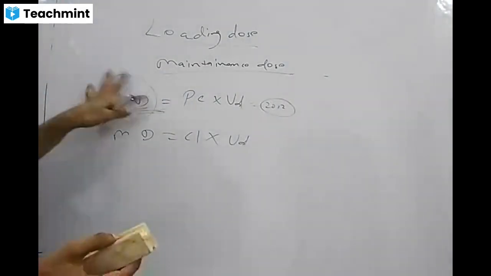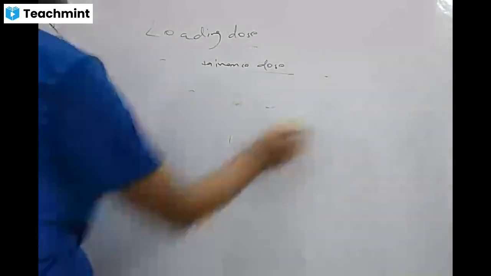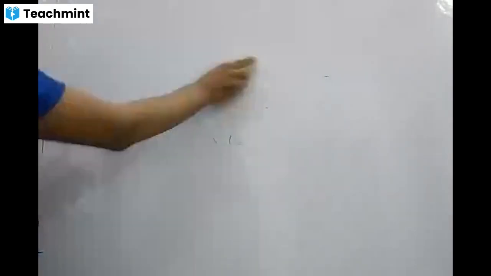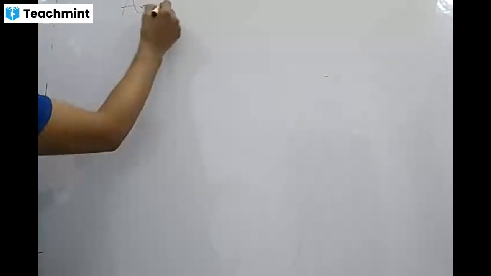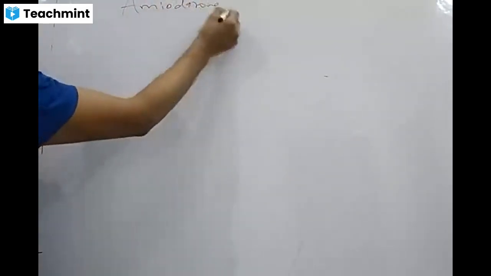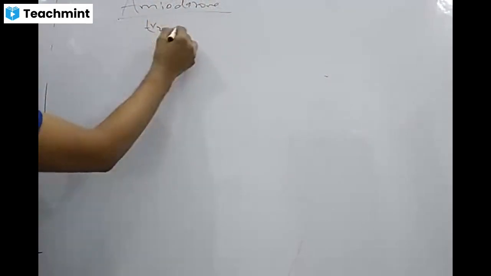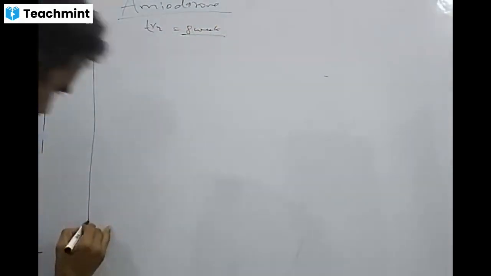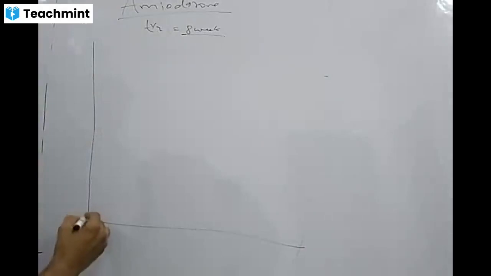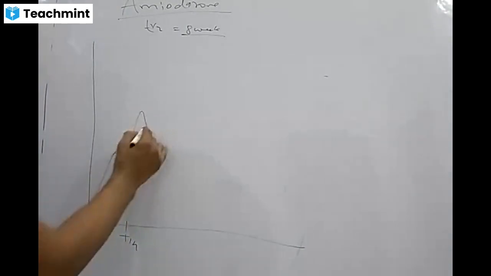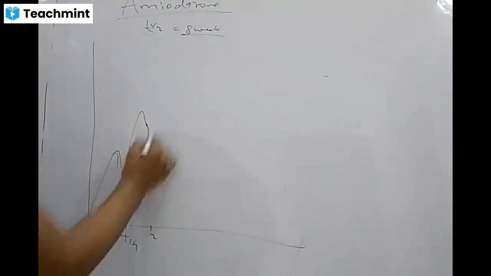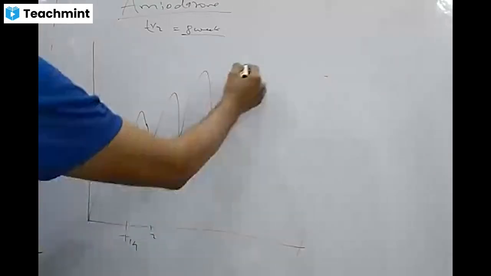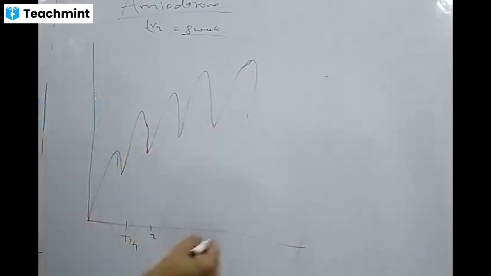I will explain this loading dose with one graph. Let's take an example of an antiarrhythmic drug like amiodarone. The half-life of amiodarone is 8 weeks. Make a graph: this is the first half-life, then again we give the second, then third, fourth, and fifth.